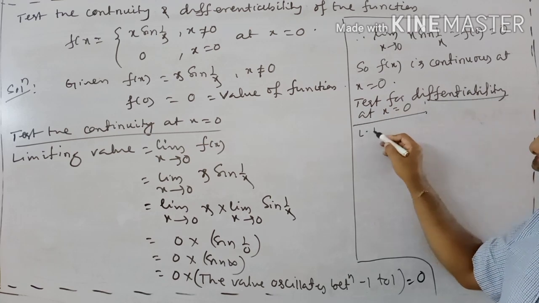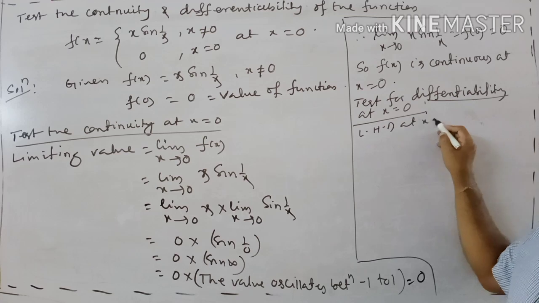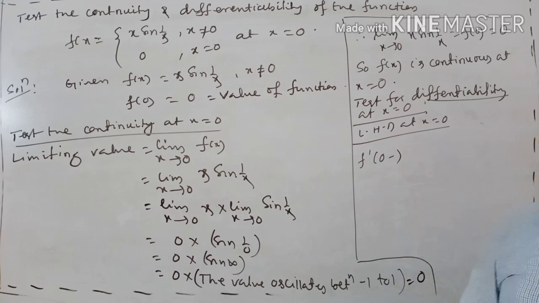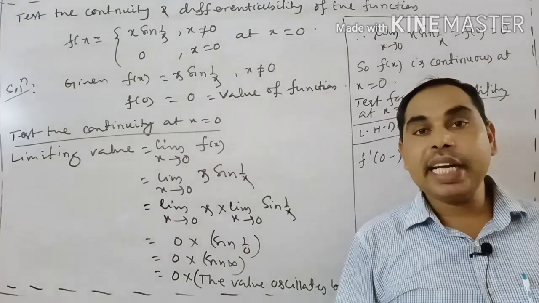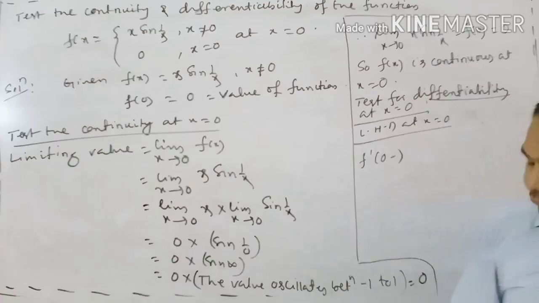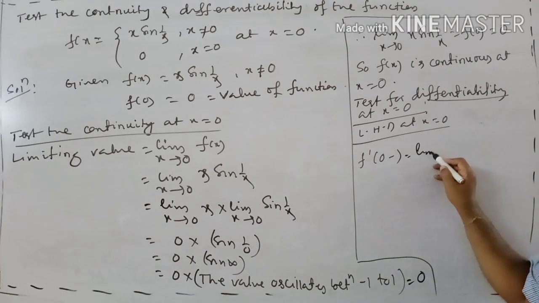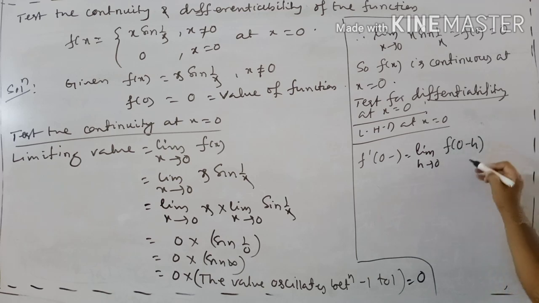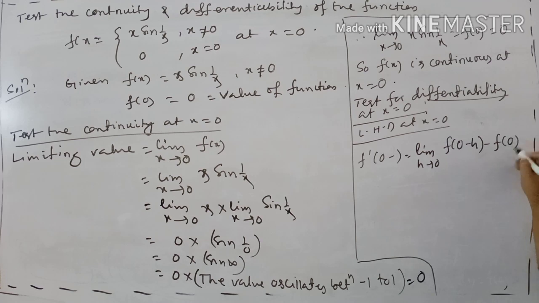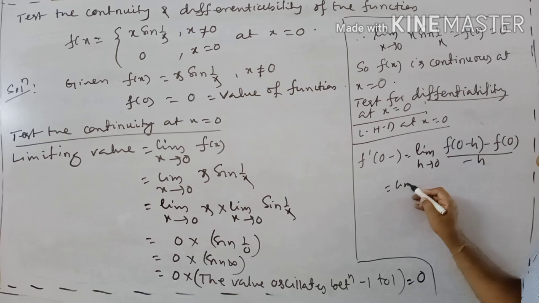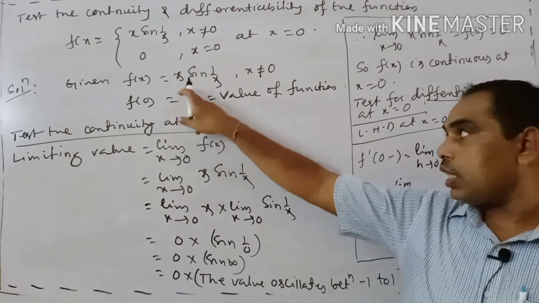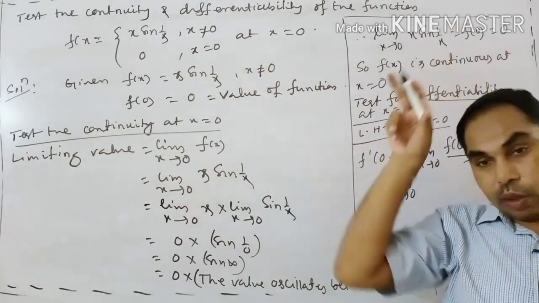So first LHD at x is equal to 0. LHD means f dash a minus. What is the formula? Limit h tends to 0 of f of a minus h, that is 0 minus h, minus f of a, which is 0, divided by minus h. f of x is x sin 1 by x when x is not equal to 0.